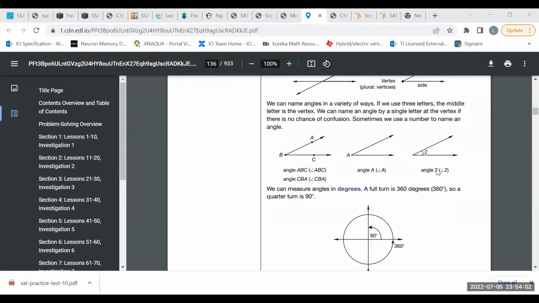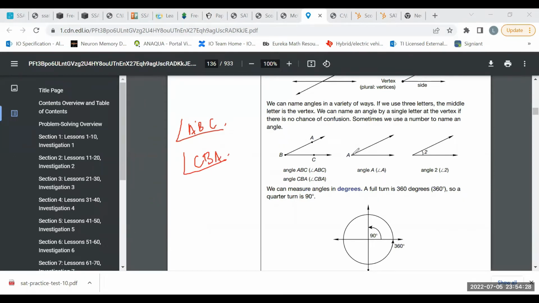Now, what is the notation of an angle? If you have two endpoints on the two rays, on the two sides, as A and C, and the vertex is B, then the way you write the angle is angle ABC, wherein the vertex should always come in between. Or you can also write it the other way, as CBA.